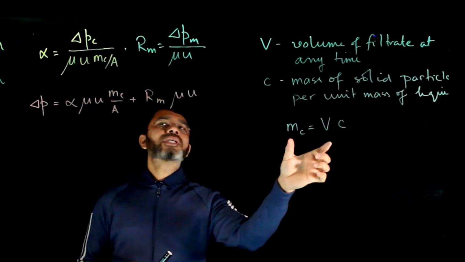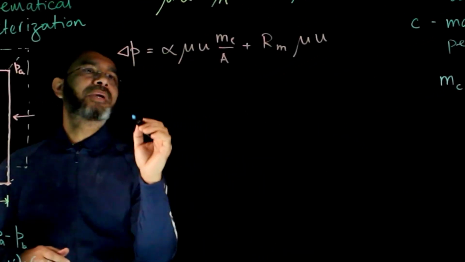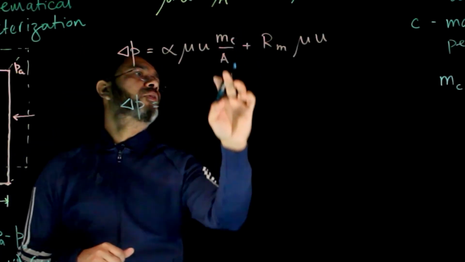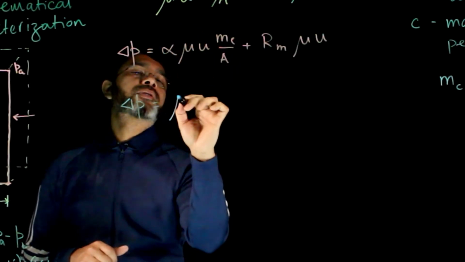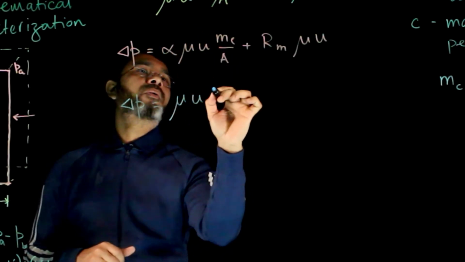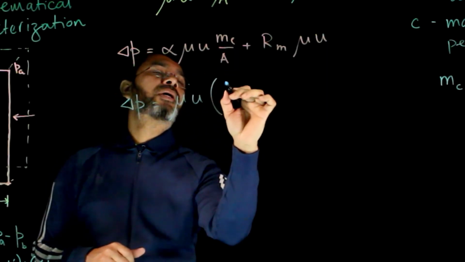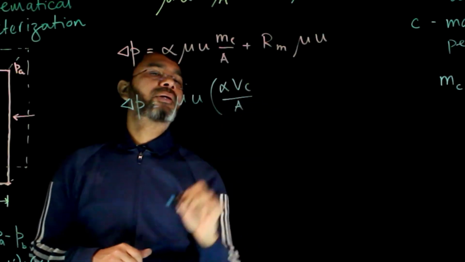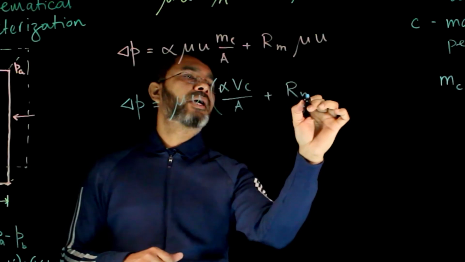So if we use this equation to replace mc, delta P becomes mu u times alpha mc, which is VC over A, plus Rm.